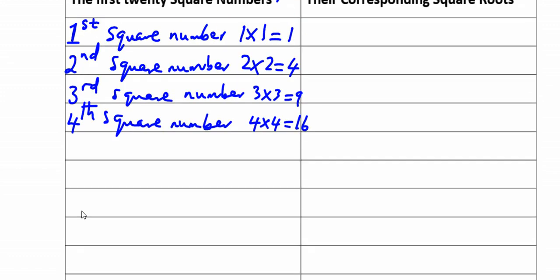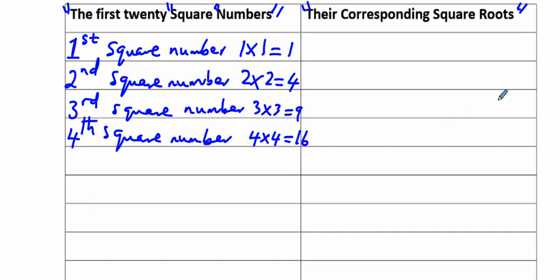Okay, if you want to proceed with me, then stay tuned. So if I'm looking for the fifth square number, I will do 5 times 5, and that gives me 25. If I'm looking for the sixth square number, I will do 6 times 6, and get 36.